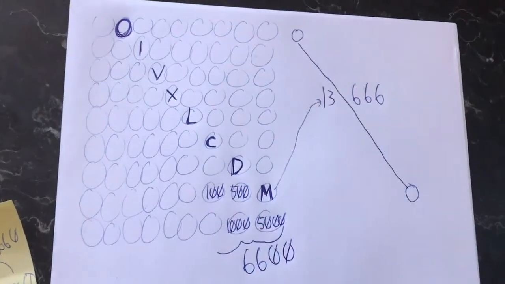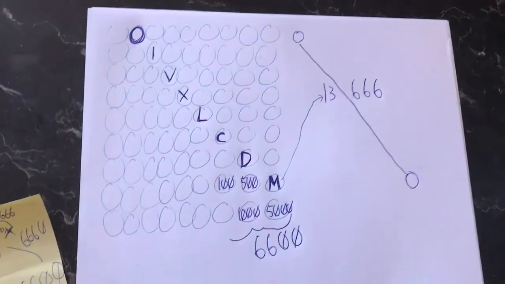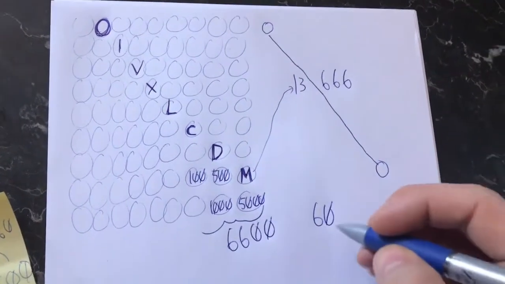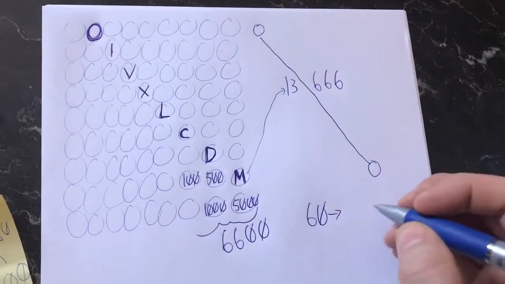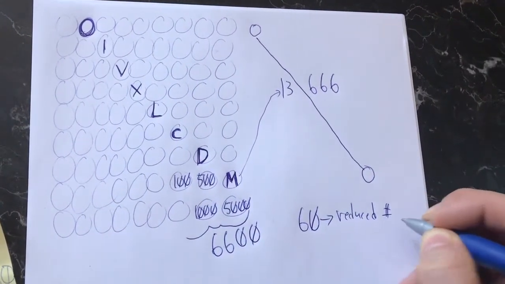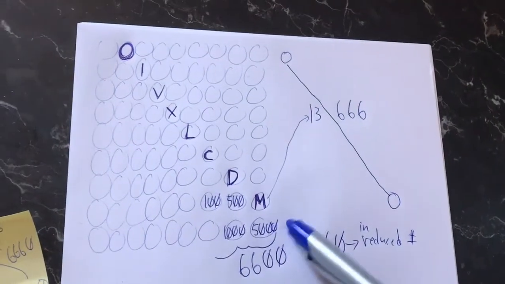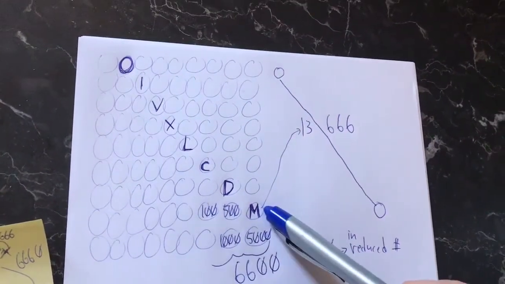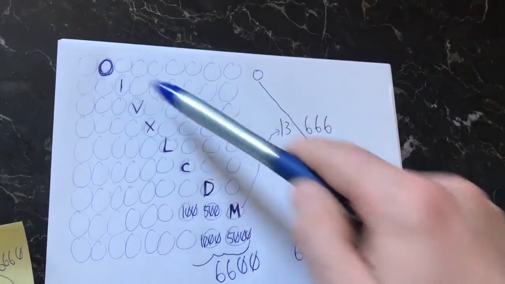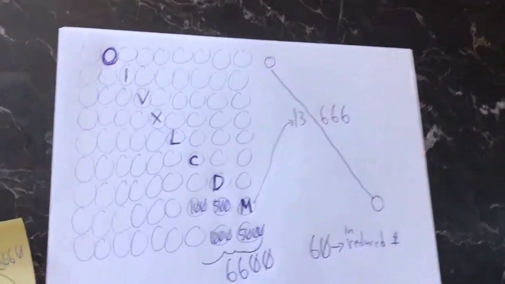So I'm like, I bet the rest of the stairway sums to 60 in reduced notation, or reduced number, let's just put it, okay, in reduced number. So we have the pattern of a stairway. We understand the 666 in between the segment from the O to the M being a 13, and the ring is just a ring.